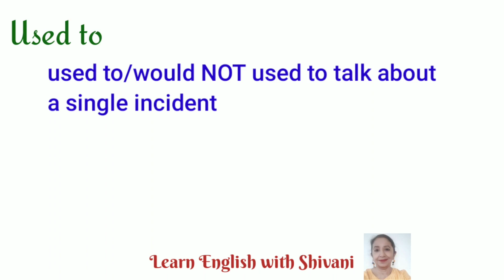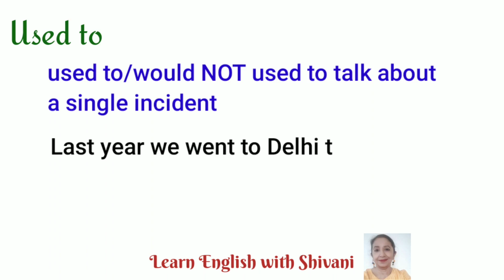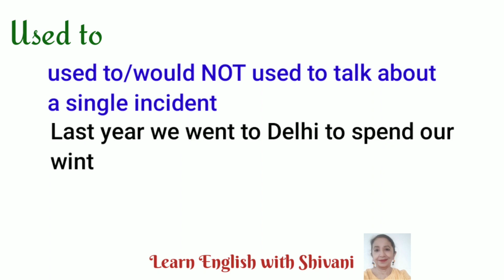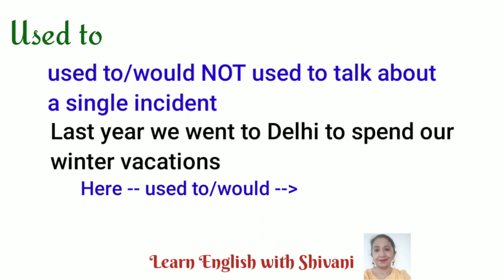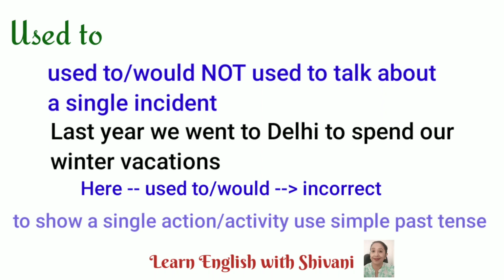For example, last year we went to Delhi to spend our winter vacations. Here, used to or would be incorrect. Here, you must use simple past tense. So please remember this.